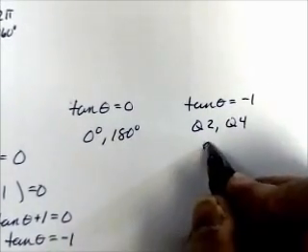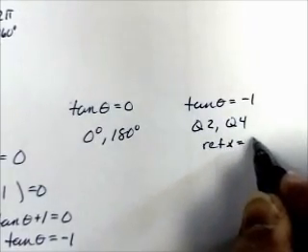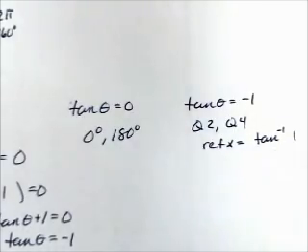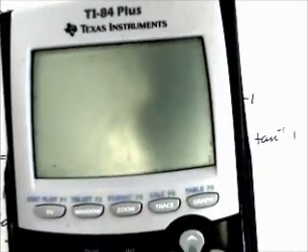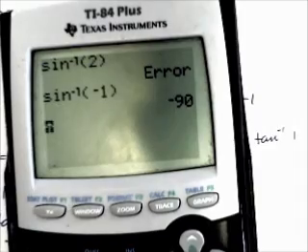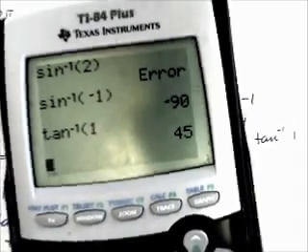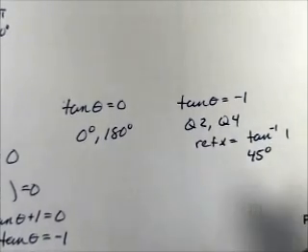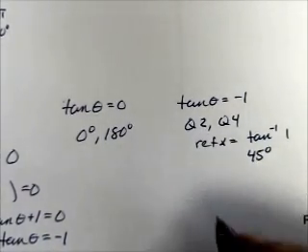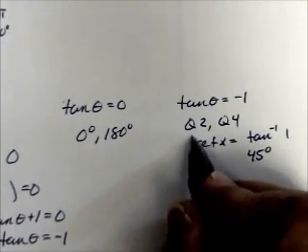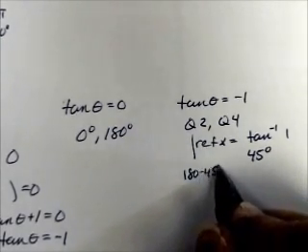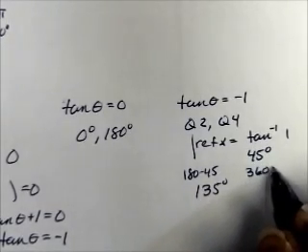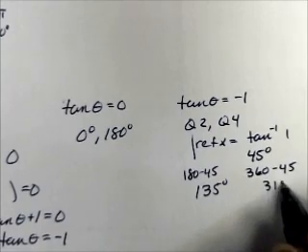So our reference angle would equal tan inverse of 1. Okay, so we go second tan, 1, 45 degrees. So our reference angle is 45 degrees. In quadrant 2, 180 minus 45 is 135. And in quadrant 4, 360 minus 45 is 315.